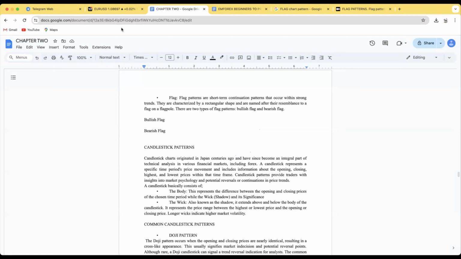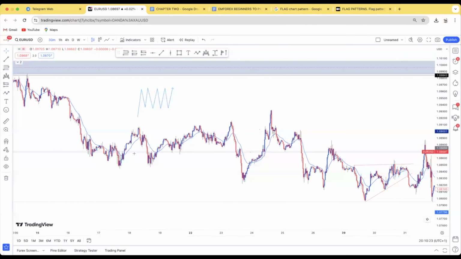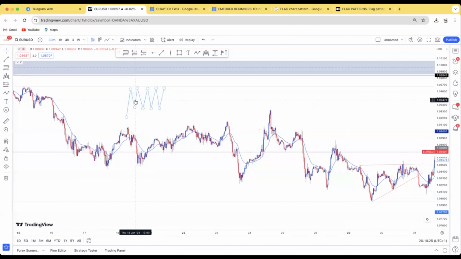Everything you are seeing on the price charts here is candlestick dependent. So you need to understand that certain candlesticks are telling you to buy, and certain candlesticks are telling you to sell. These are things you need to understand as traders.